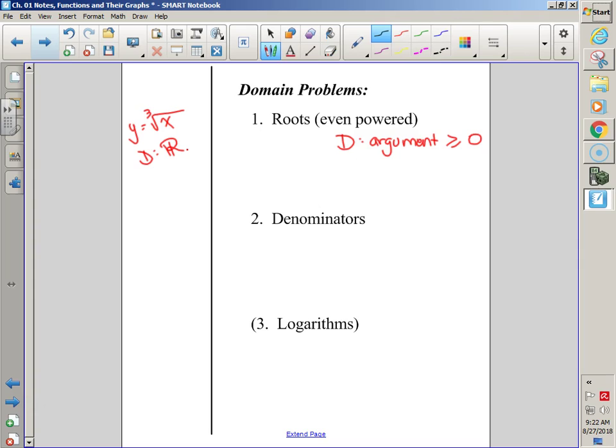And just for sake of argument, I'm going to put a little fourth root as my example. But what if I was to give you the following?